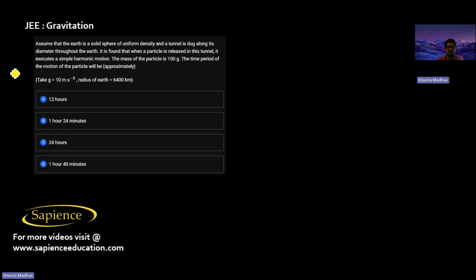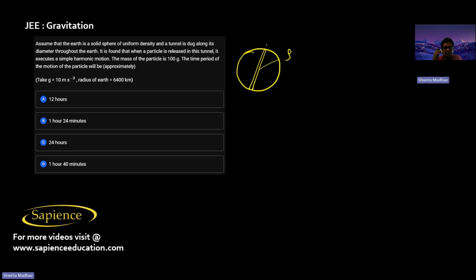And here it is told, assume that the Earth is a solid sphere of uniform density, and a tunnel is dug along its diameter through the Earth. So one tunnel is dug. It's found that when a particle is released in this tunnel, it executes simple harmonic motion.